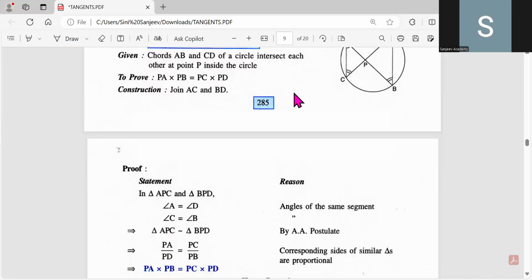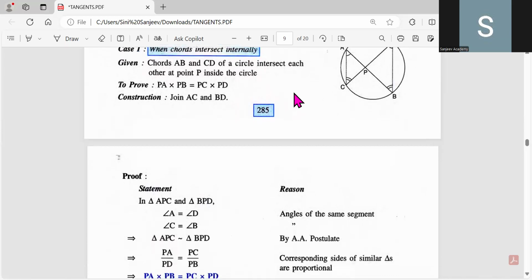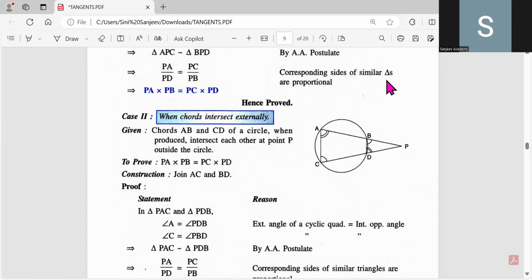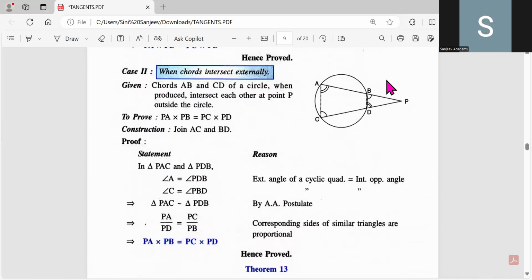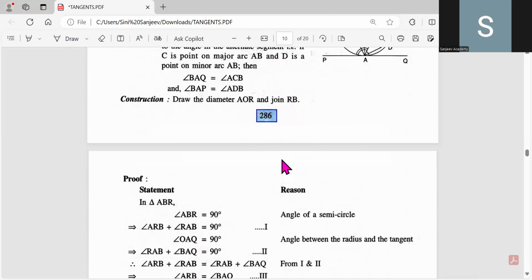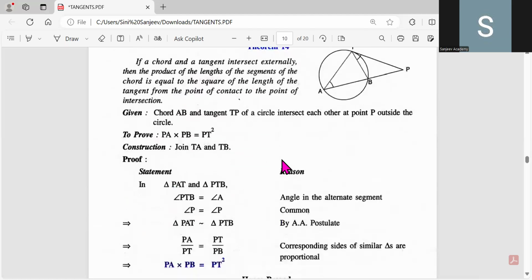In the sense, PA into PB is equal to PC into PD. Externally, what will happen? Again, PA into PB is equal to PD into PC. That's all. So we'll be applying these in the coming problems.